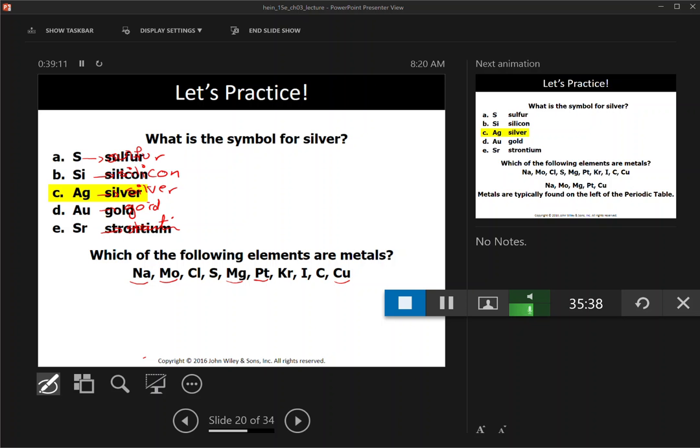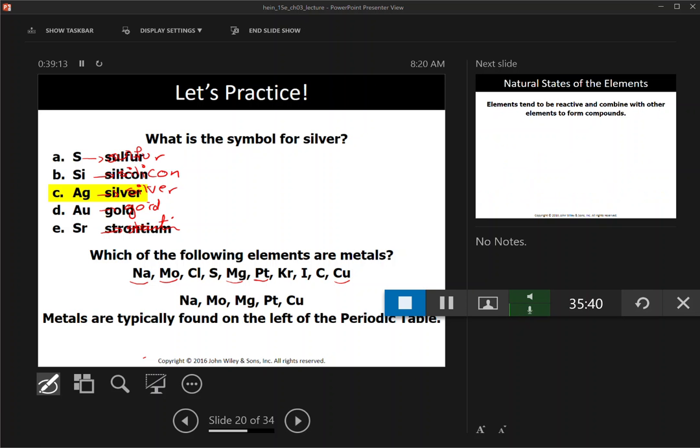So one other fact about the elements, and we will talk about it more later on. Group 1A and 2A metals, alkali and alkaline earth metals, are extremely reactive, whereas the rest of the metals are not as reactive as group 1A and 2A. When I say reactive, I mean that we can't let them outside. They react with the oxygen and the air, and their reactions are actually very explosive.